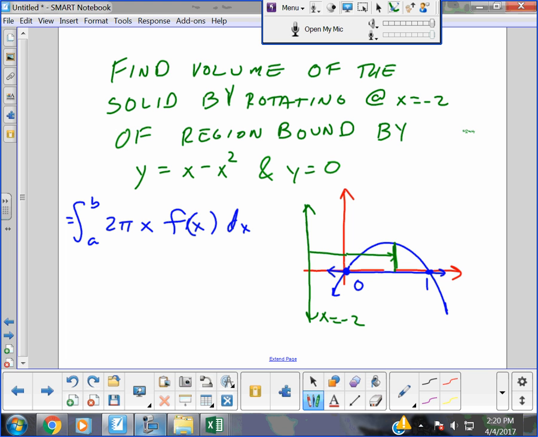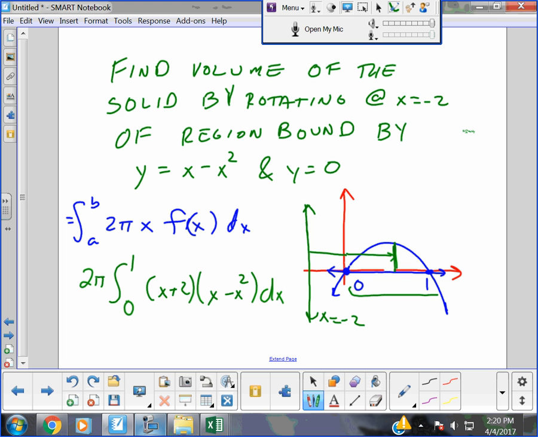Does everybody see that? It's x plus 2, so I can put the 2 pi in. I have x plus 2, and I have the height, which is x minus x squared dx. Do I care how high the parabola is? No. I just have to go from 0 to 1 because we're doing it in terms of x.